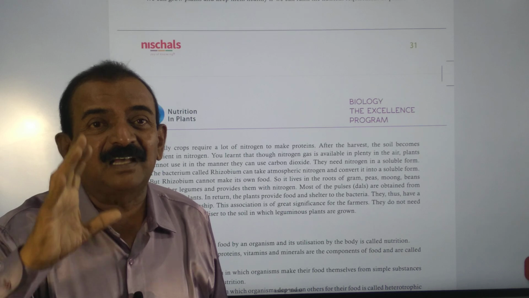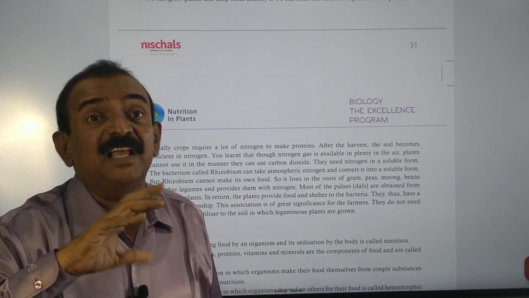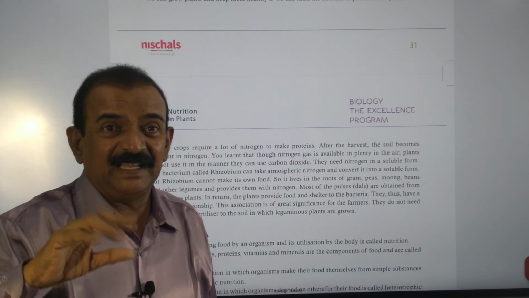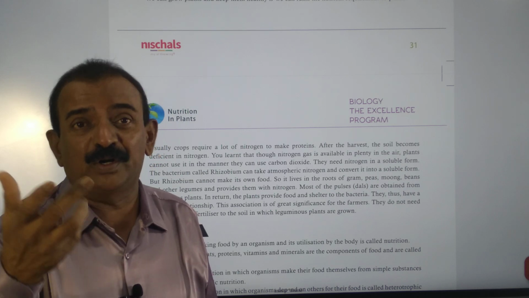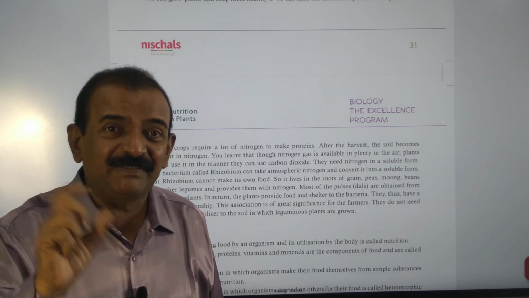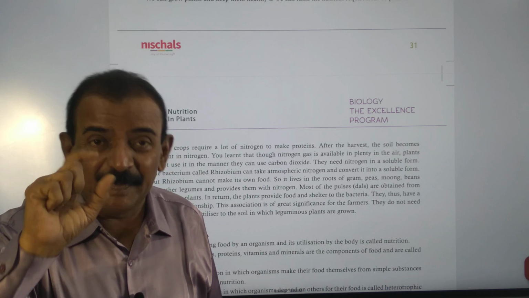These plants are called leguminaceae plants, and their roots produce root nodules, and the root nodules contain rhizobium bacteria.